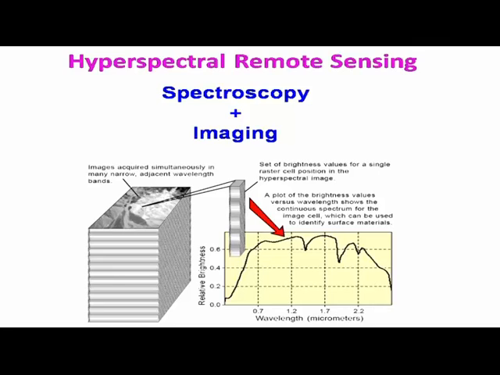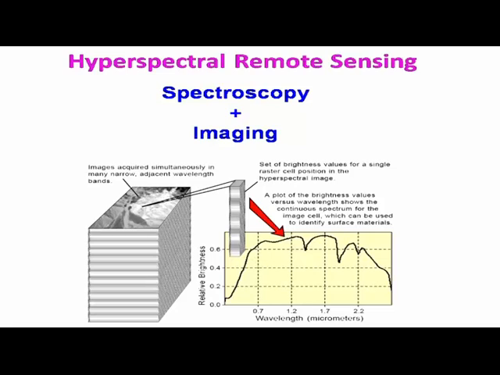So in hyperspectral remote sensing, the data is collected in many narrow bands, as well as in contiguous wavelength bands. And you have the image, and for a particular pixel, if you take one spectrum, you will get a spectrum like this, where you have these absorption bands. Clearly you can observe all these, and such absorption features you cannot find with multispectral or panchromatic data.